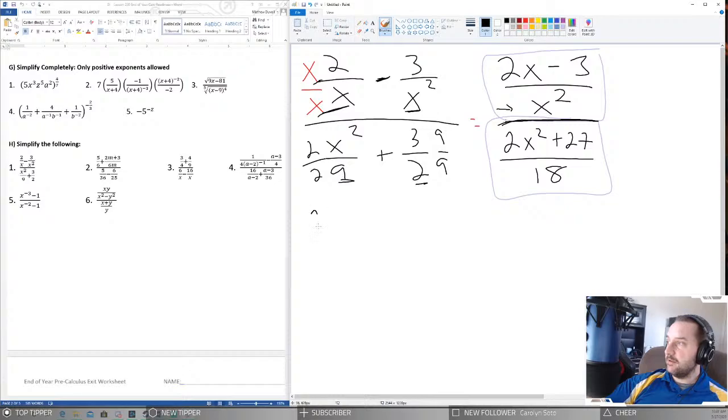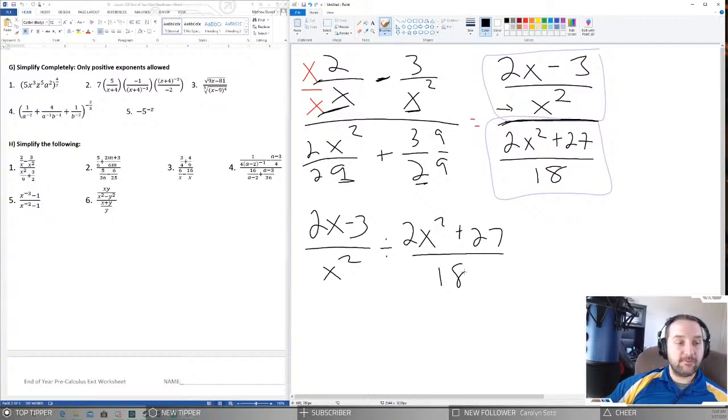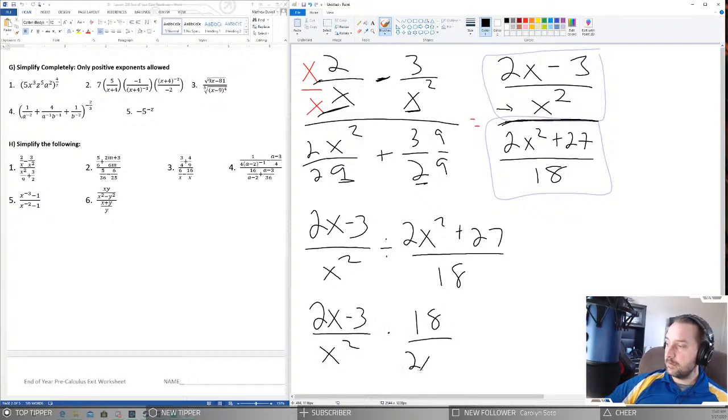I could say 2x minus 3 over x squared divided by 2x squared plus 27 over 18. Now, if you remember, whenever we're dividing with fractions, you have to change it into multiplication, and you're going to flip the second fraction. Now we have to see, are there any factors that reduce?